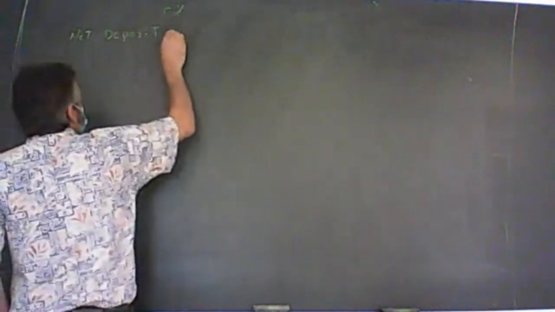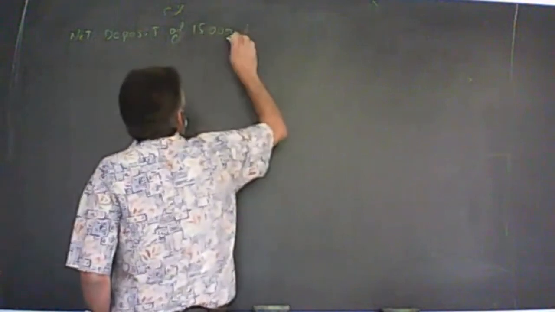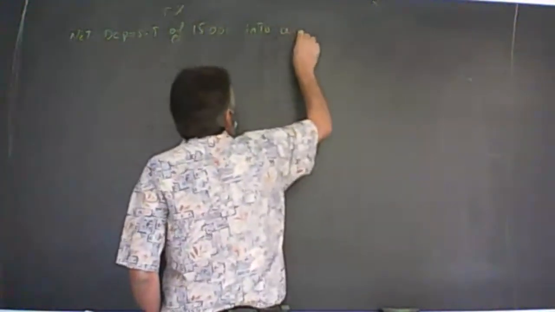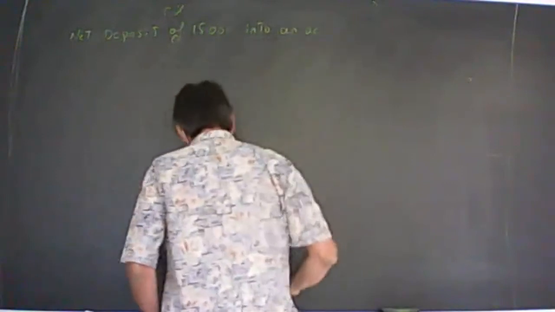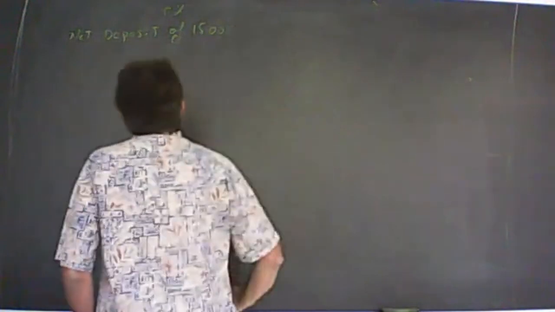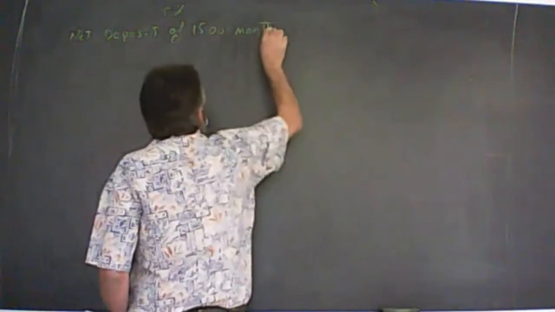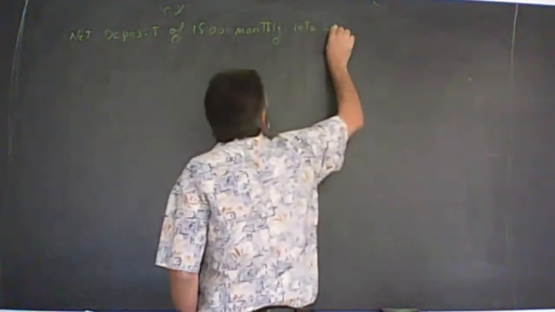Let's say you're making a net deposit of $1,500 into an account.